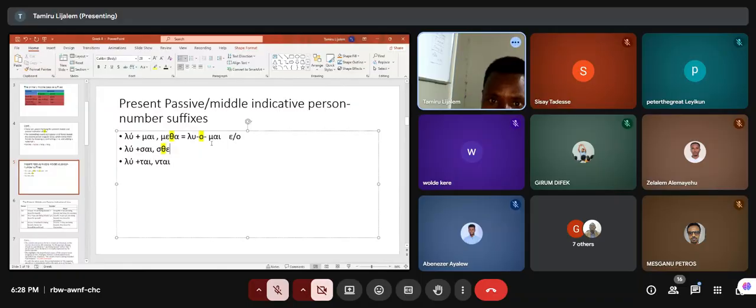Before nu and mu, use omicron; the rest use epsilon. ማለት ከኑ ወይም ከሙ በፊት ኮኔክቲንግ ቫውል ኦሚክሮን ነው። In other places use epsilon as a connecting vowel. So you have lo omega.